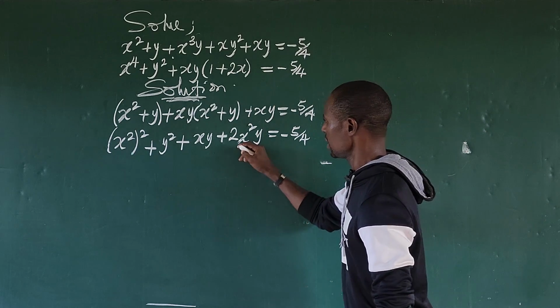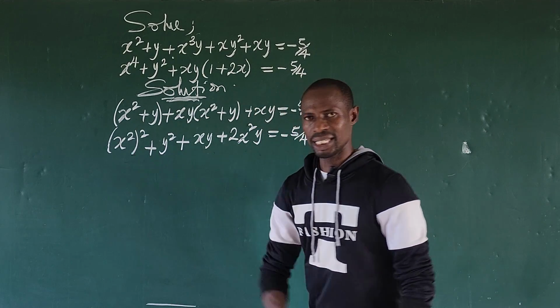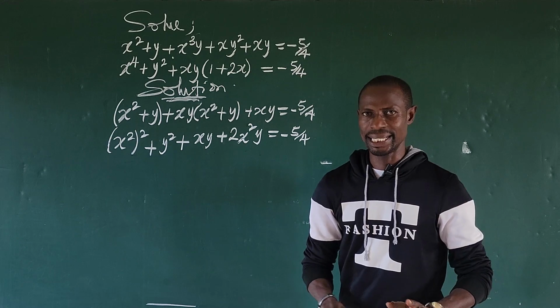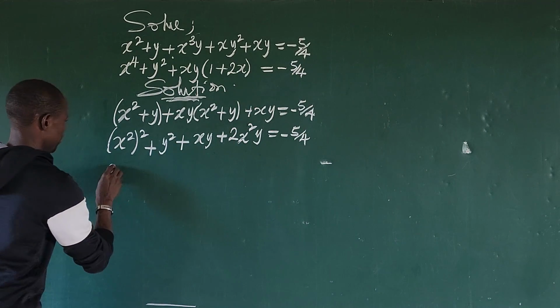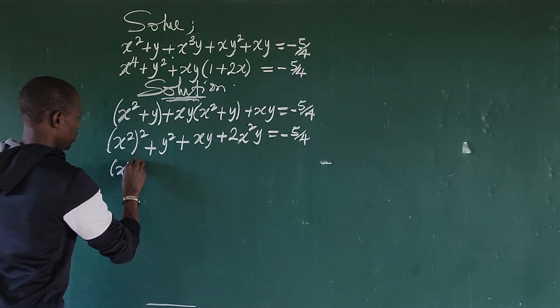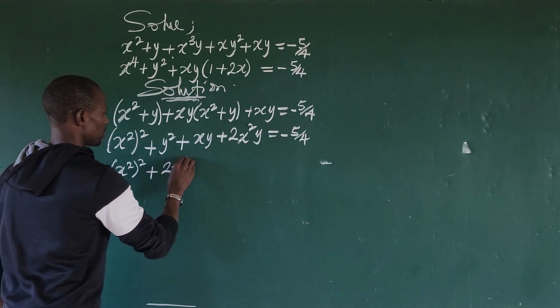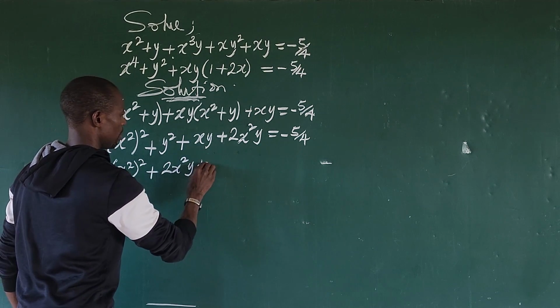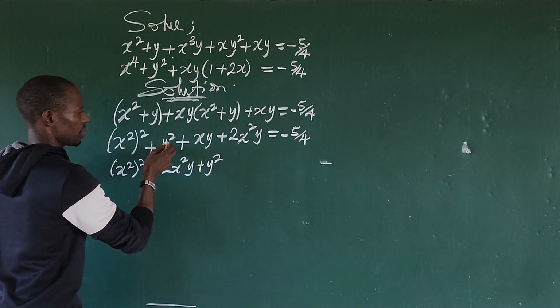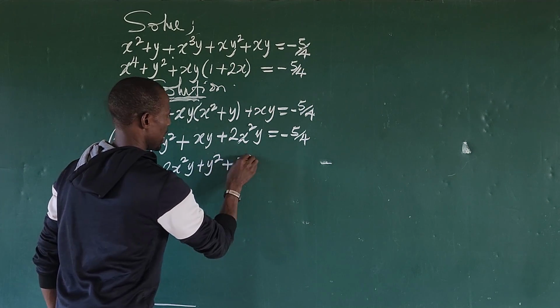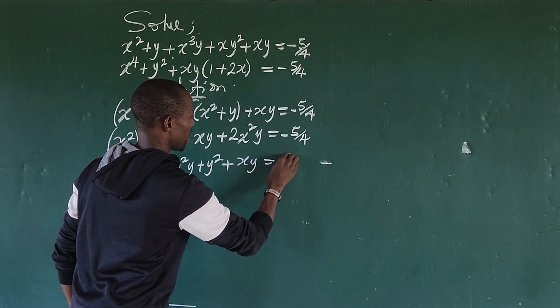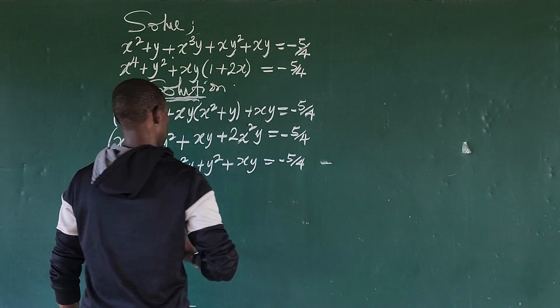I want to move this to come between this and this, to see if we can get an algebraic identity from here. So we have this to be bracket x to the power of 2, squared, plus here we have 2x to the power of 2 y, plus y to the power of 2, which is this one, then plus xy, equals minus 5 over 4.